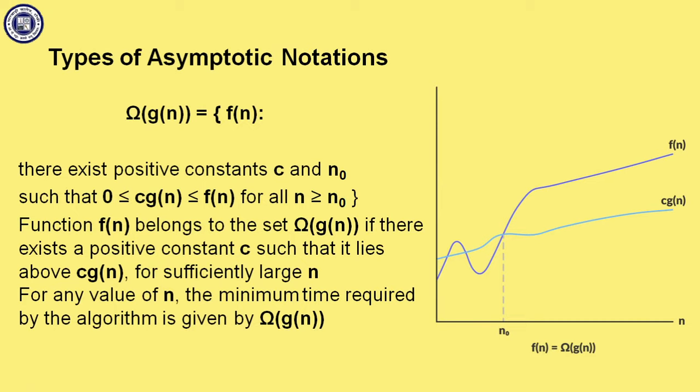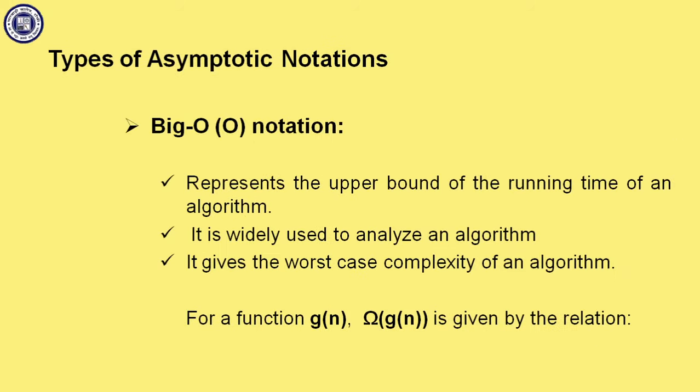Okay, so we have seen the theta notation, we have seen the omega notation. Now the big O notation. The theta notation gave us the average case efficiency. The omega notation gave us the best case efficiency.